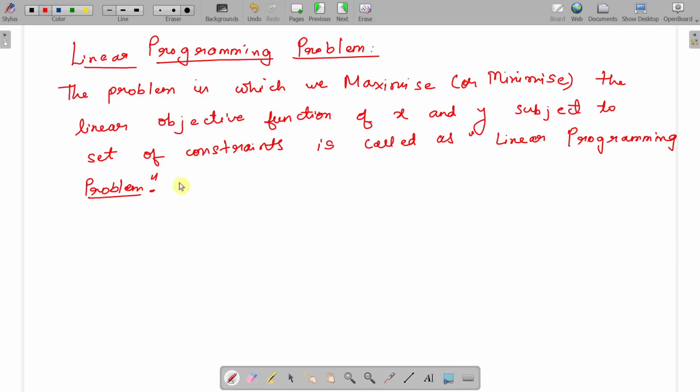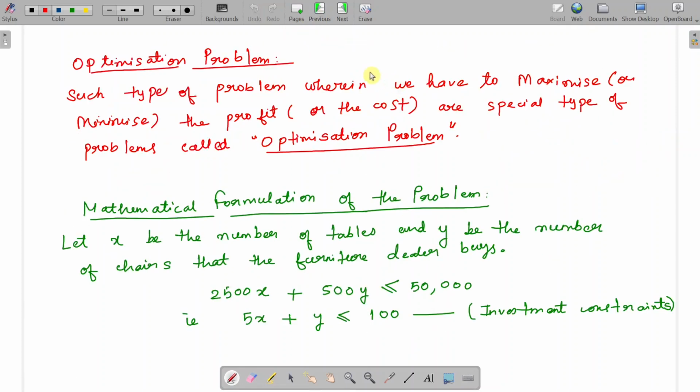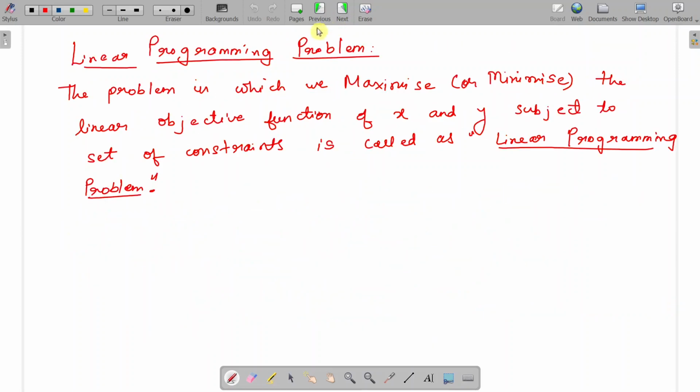Okay, so optimization problems were where we maximize or minimize a profit or cost function. So this linear programming problem is a sub case of optimization problems.